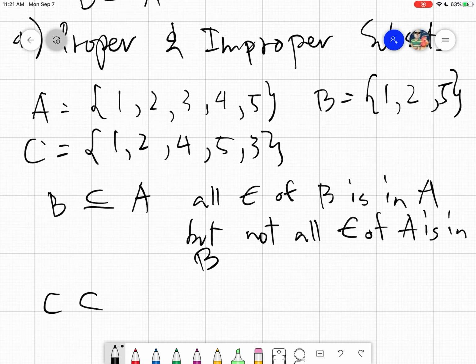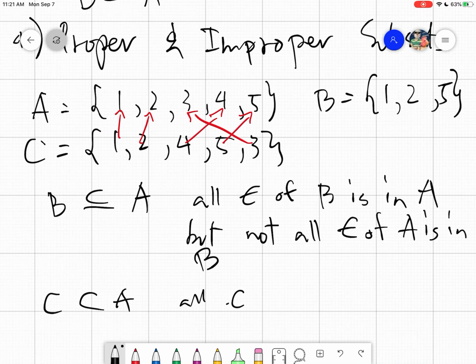Pero, C is an improper subset of A. Bakit? Kasi we know that all elements of C is in A. What do I mean by that? Check natin. So, ito, may 1 ka, may 2 ka. Meron ka ring 4, meron kang 5, meron kang 3. So, ibig sabihin subset siya, parte siya nung A. Pero, you notice na kapag lahat naging parehas, improper na agad siya. Why?